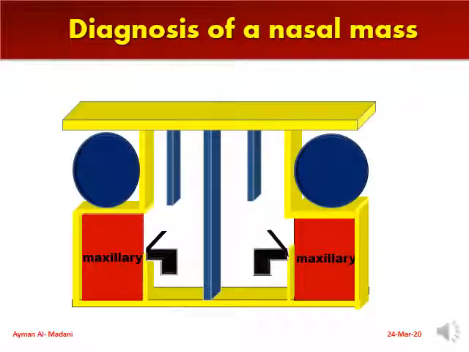If we have a diagram of this, you can see that the nose has a roof, it has a floor, it has a midline structure, which is the nasal septum, and then the lateral wall is constituted by the eye or the globe superiorly, the maxillary sinus inferiorly, and then there are structures which are present inside, which are the turbinates.